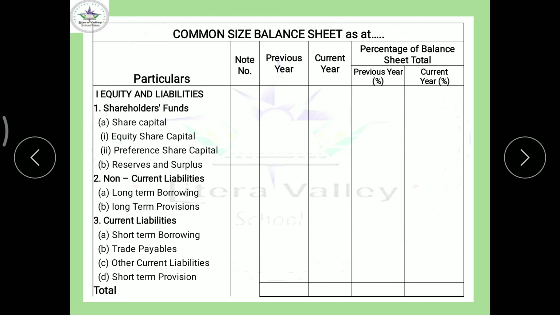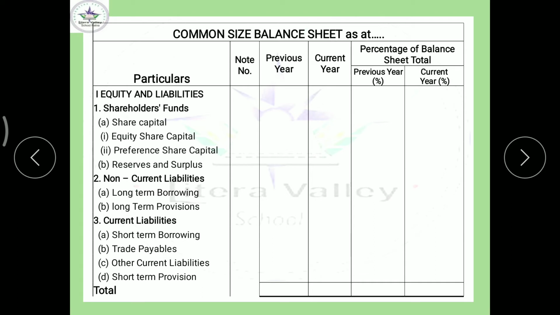Okay. Same, suppose in the current year share capital is given 2 lakh and its total of liabilities is say 40 lakh. So what percent do you have to enter here? 2 lakh divided by 40 lakh into 100.